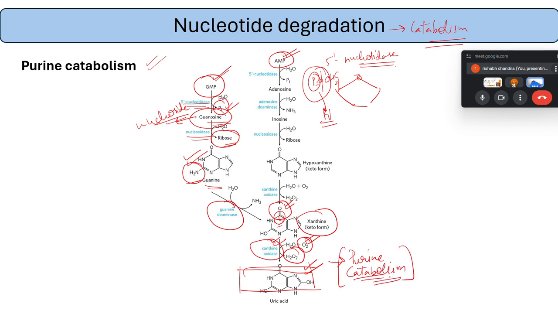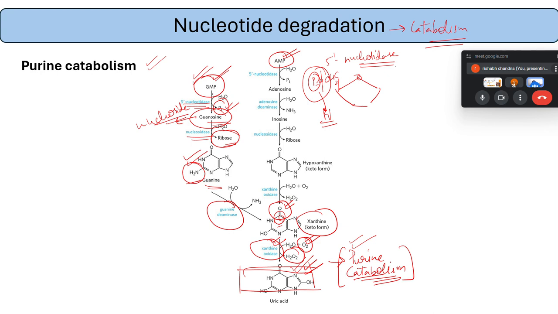This is a question asked in various competitive examinations, what is the major product of the catabolism of nucleotides. So this uric acid is the major product of the catabolism of nucleotides. So this is the degradation of the guanine monophosphate.